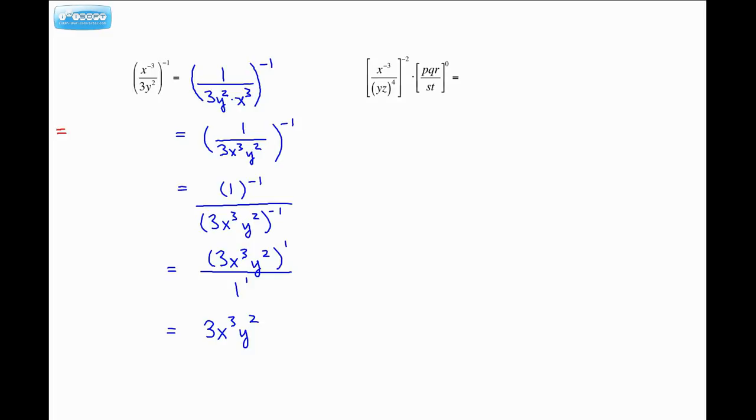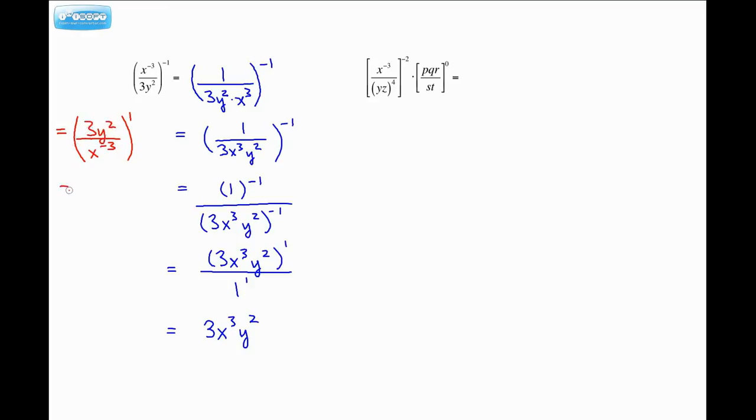If you don't like this method, you find it too confusing, don't worry about it. So this is going to become positive 1, and all I do is take the reciprocal of everything in here as is, so I don't start changing the sign of this exponent. So this becomes x to the minus 3 over 3y squared.